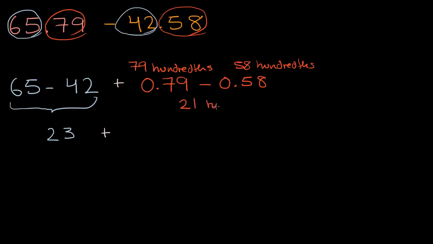So this is going to be 21 hundredths, which we can write as 0.21. And so when we compute this, it'll be 23 and 21 hundredths. And this is just one way to tackle it. There are multiple ways that you could try to tackle a subtraction problem like this.